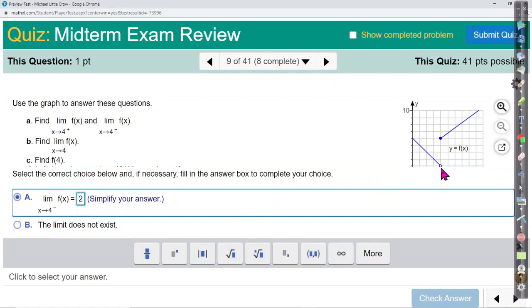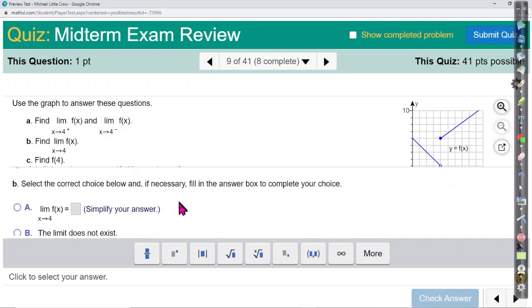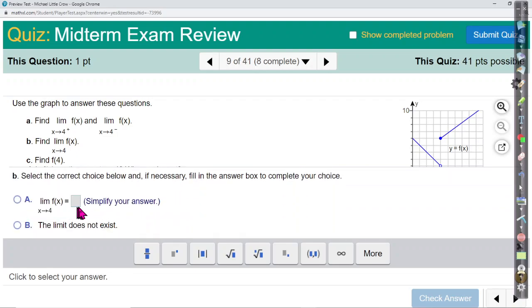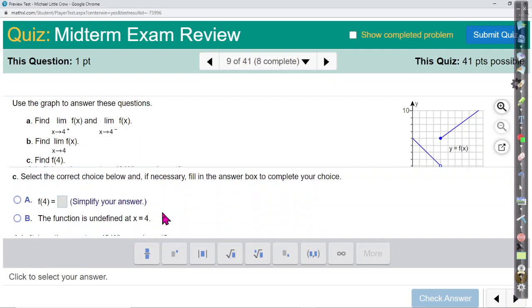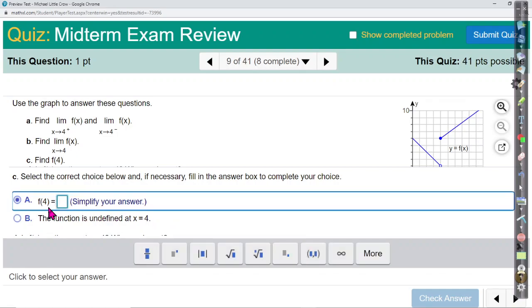The point doesn't exist there, but it's going toward 2. Finally, the limit itself: both sides are not the same, so the limit does not exist. But the function value does exist. When I plug in 4, we get this solid dot, 6.